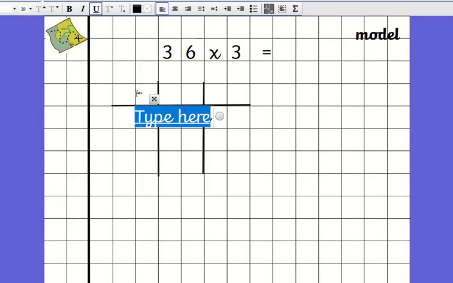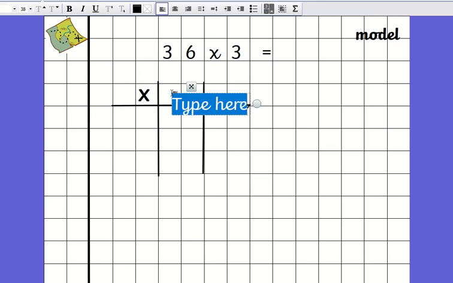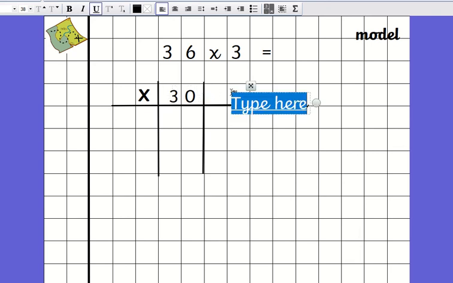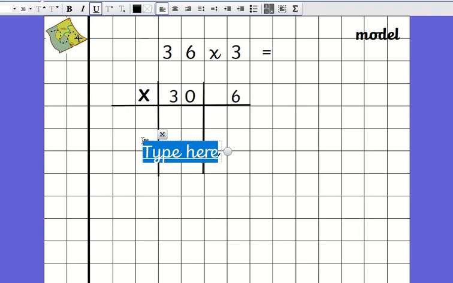Okay, put my multiplication sign in there, lay it out correctly, so 30 in there, 6 in here, and I'm multiplying it by 3.